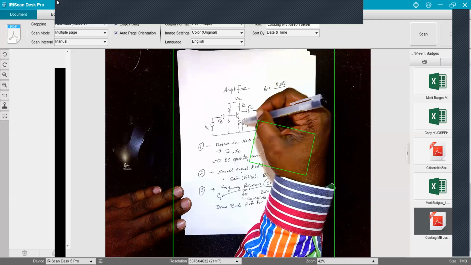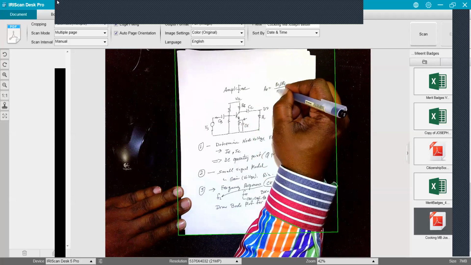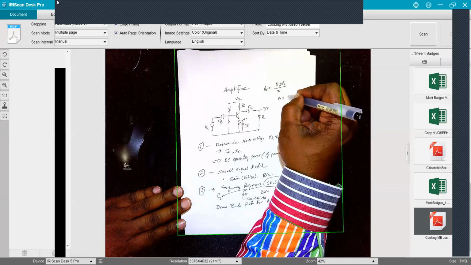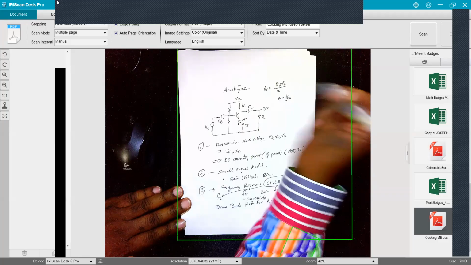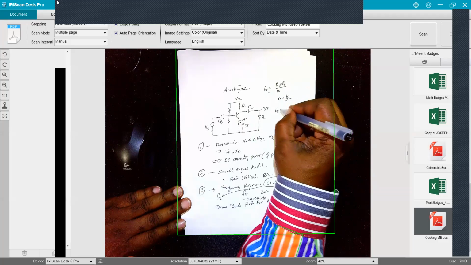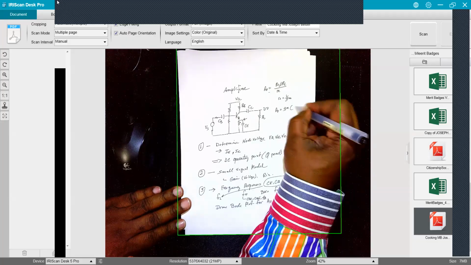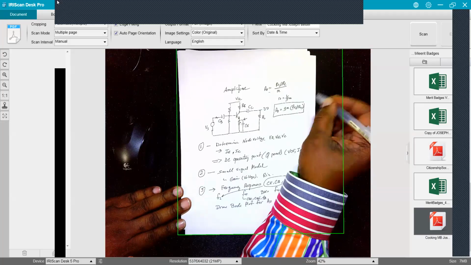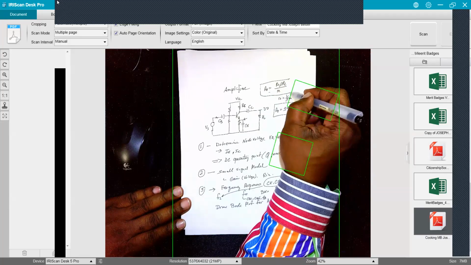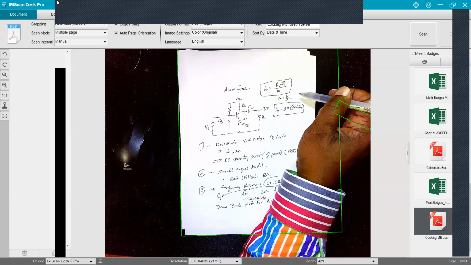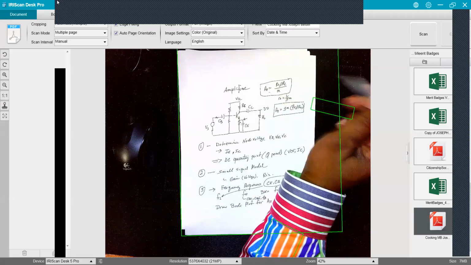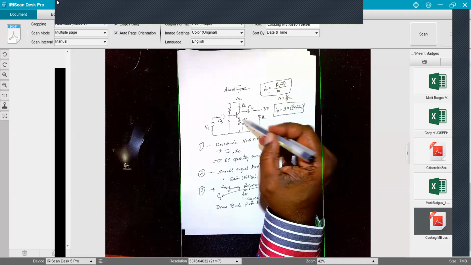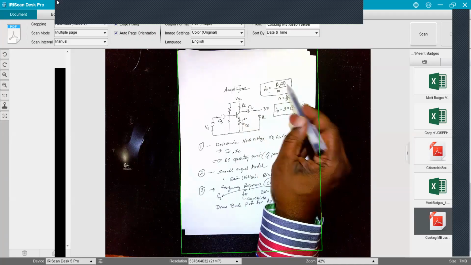With this totally bypassed, all we see is this little thing called R sub little e. Remember, R little e is 1 over gm. So then my gain can be written as gm times RC in parallel with RL, or it could be written as RC over little re. There's value to writing it both ways. For me, when this is completely bypassed, it doesn't matter. I can do gm or I can do re.